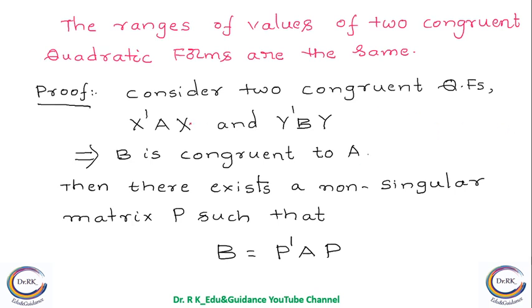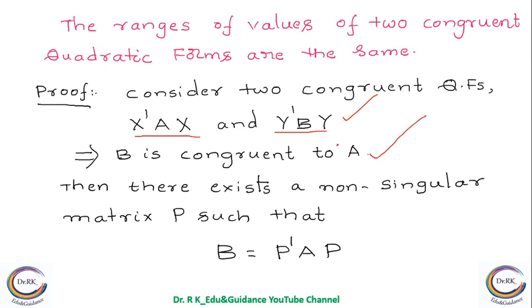So consider two congruent quadratic forms, X transpose AX and Y transpose BY, right? And here we know, whenever two quadratic forms are congruent, then the corresponding matrices are congruent, right? That is what we discussed just now also. So immediately we say, suppose you take B is congruent to A, right?